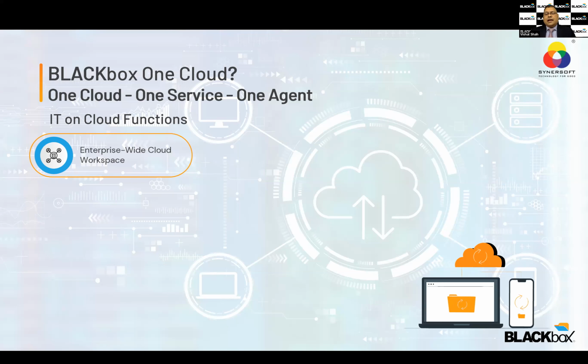When you are planning cloud adoption at an enterprise level, you need an enterprise-wide cloud workspace. It should not be per user per year; that is a very consumer-oriented offer. You should have cloud storage for the entire organization's requirement.